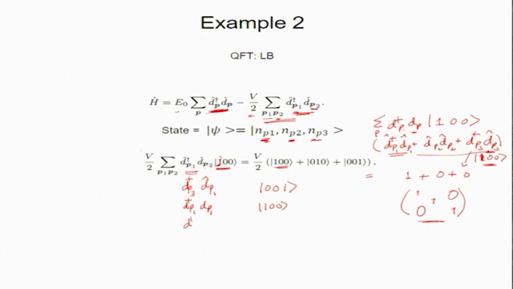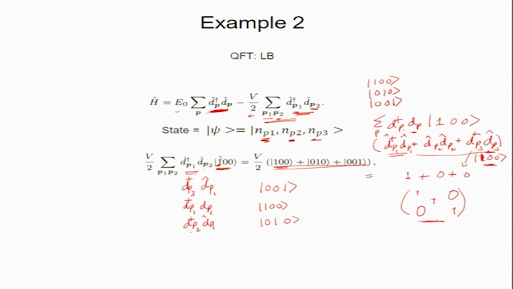And D dagger P2 D P1 will be destroying here and creating at P2, so 0 1 0. So this is what we got here. Okay. So there are 9 terms. When it acts on this state, it creates this. So I can choose these as my basis vectors: 1 0 0, 0 1 0, 0 0 1, and I create a matrix as an operator, right? That is what you do in quantum mechanics.